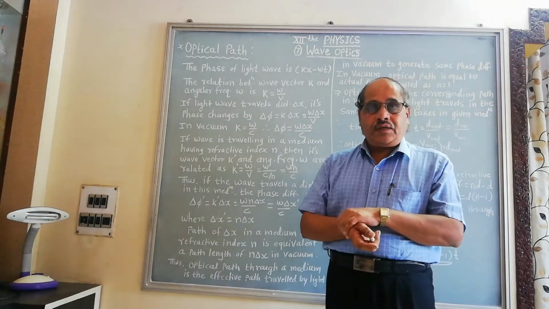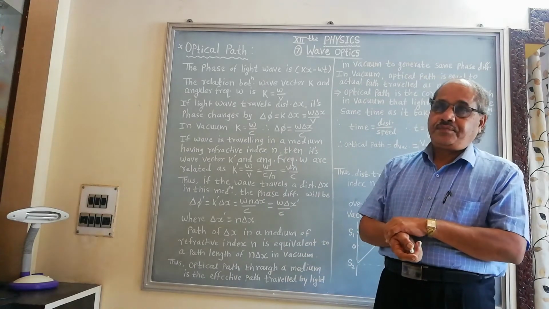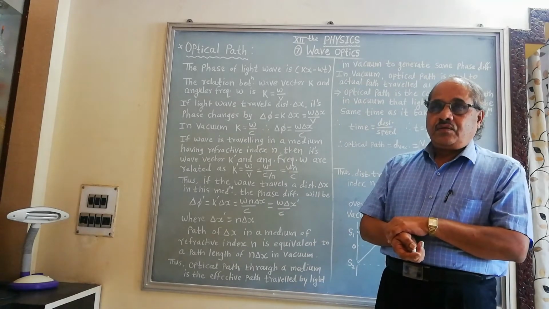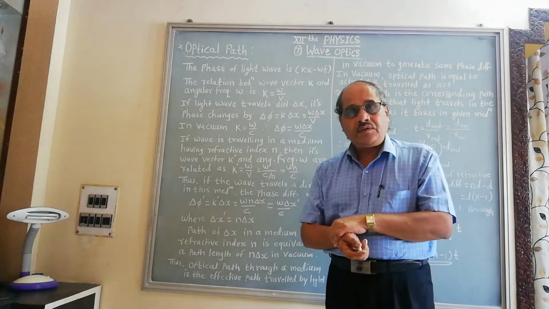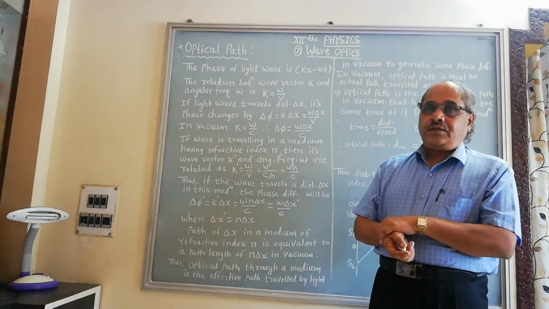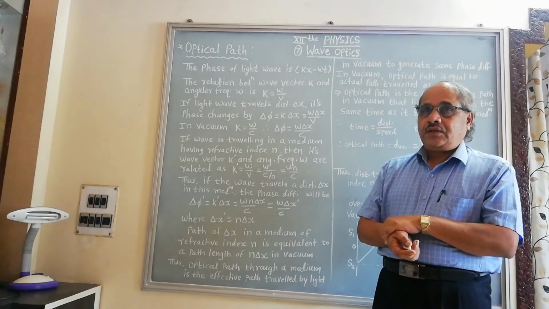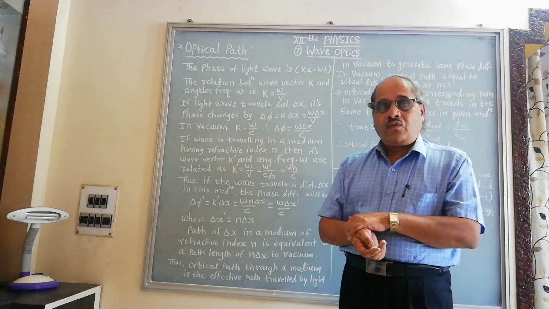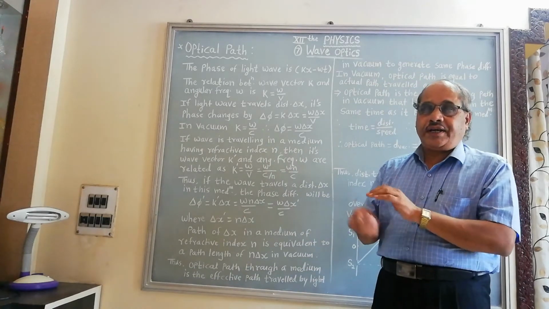So we consider a light wave which has angular frequency omega and a wave vector k, traveling in vacuum along the x direction.